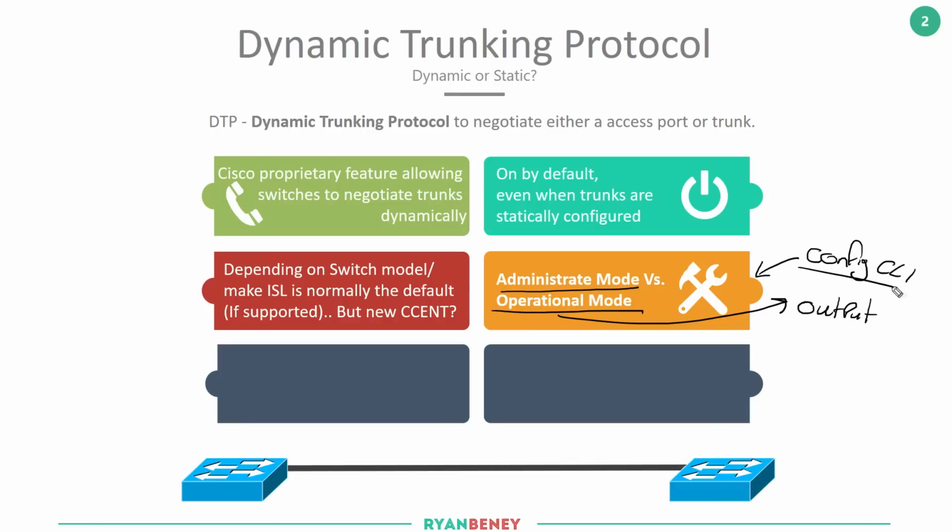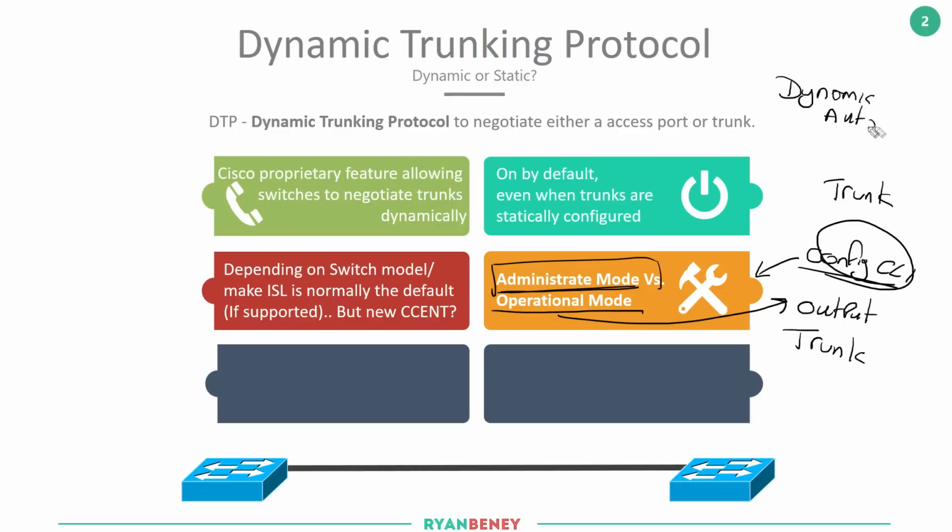So if I actually manually configured the port to be a trunk, then I would expect the operational mode to also become a trunk. The reason it's important to know the difference between these is because if the administrator has used, let's say, dynamic auto, which is a DTP mode, the operational effect of that may result in the port going to access rather than going to trunk.